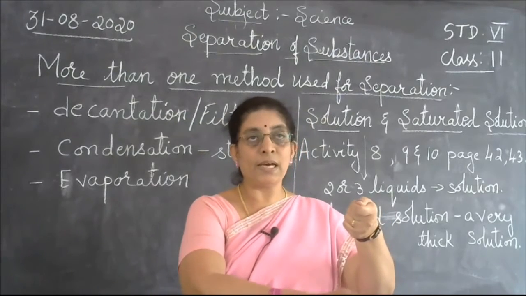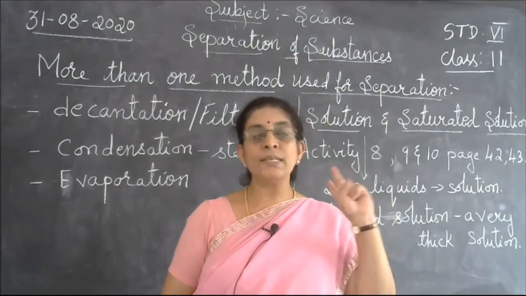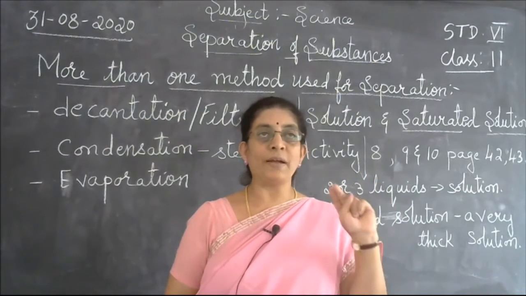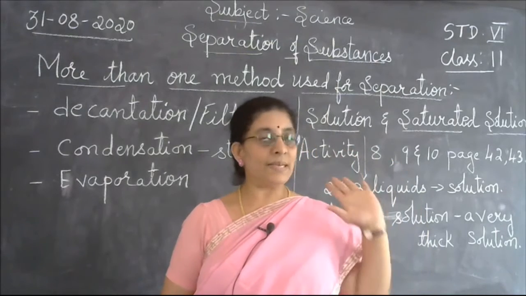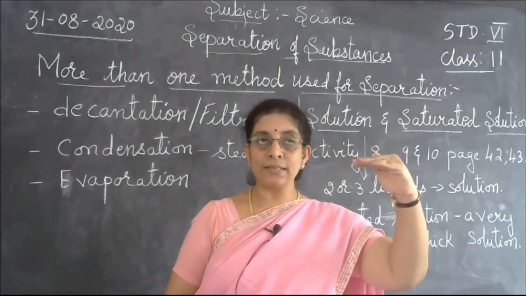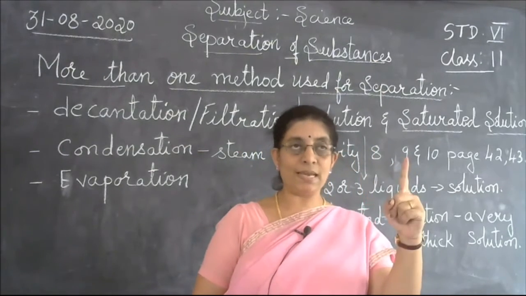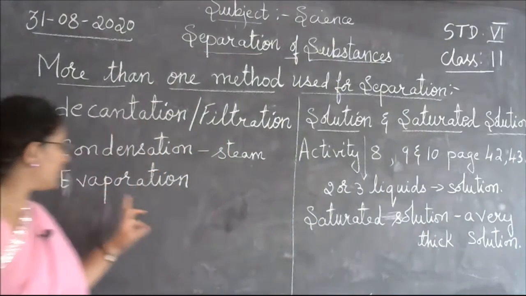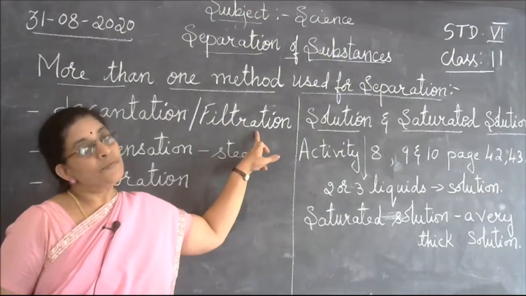So there are two methods to separate the water from the sand. So first, what you saw was sedimentation, that is, settling down of heavier particles, and then the top layer of the water can be separated by two methods, decantation or filtration.